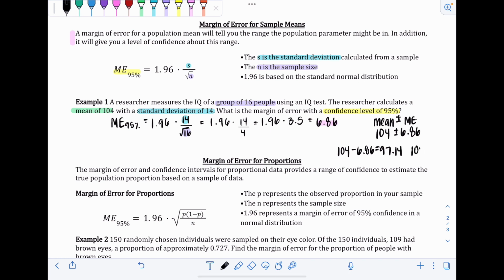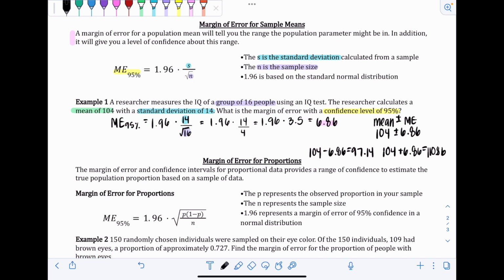And then 104 plus 6.86 is 110.86. Sorry, I keep running out of room.